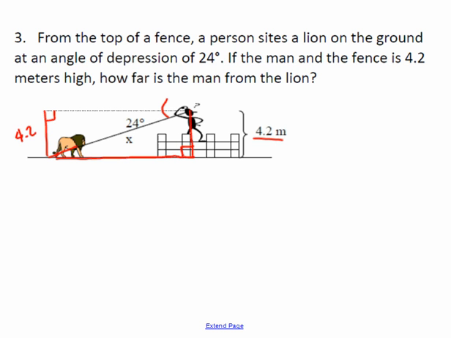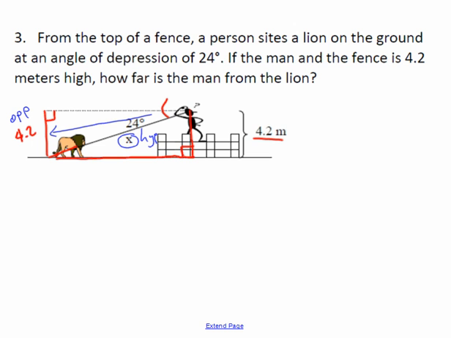So that means that I have the opposite and my hypotenuse. The x is the hypotenuse, the 24 is our angle, and this is my opposite side.